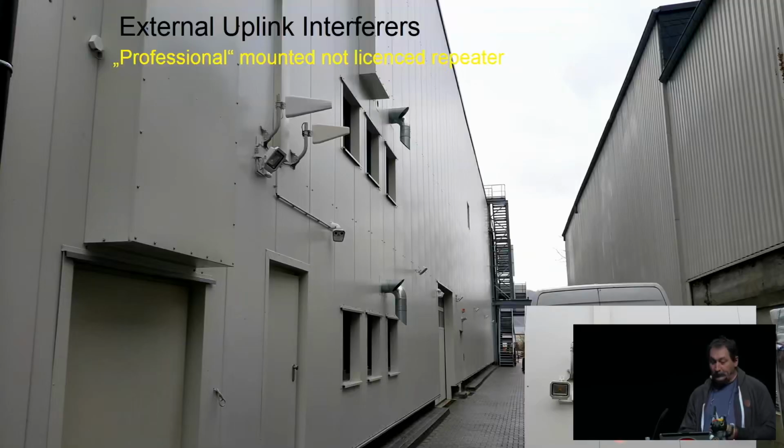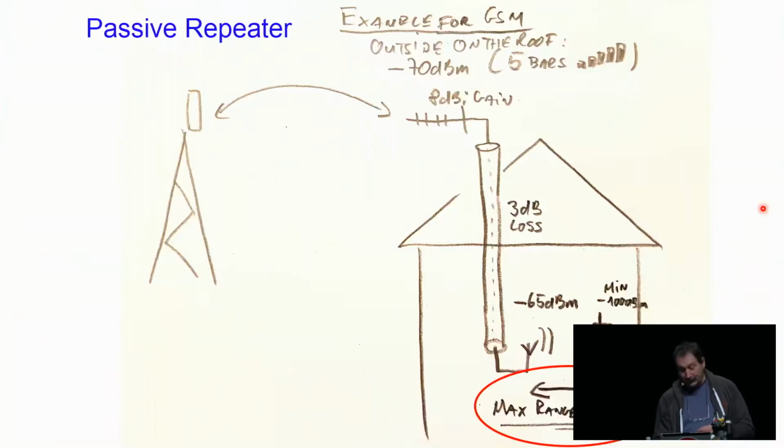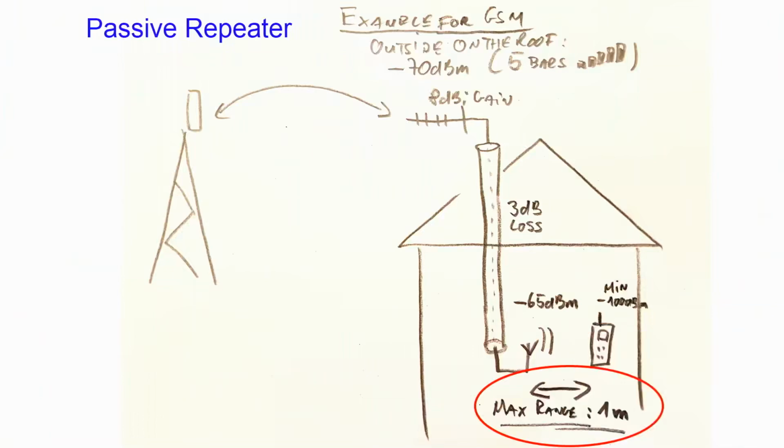And there are professional installations of these repeater systems. There are 2 antennas, and you could really say passive repeaters, there's no problem with that. You can do that. I did some calculation.